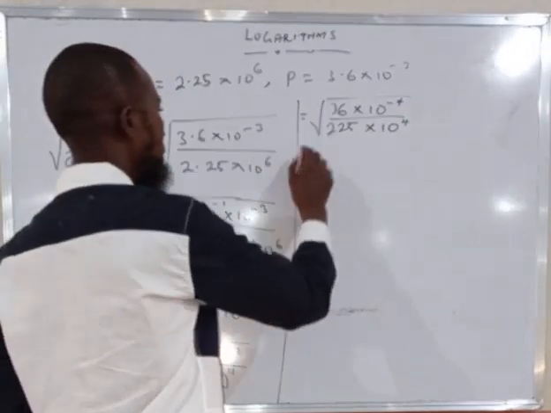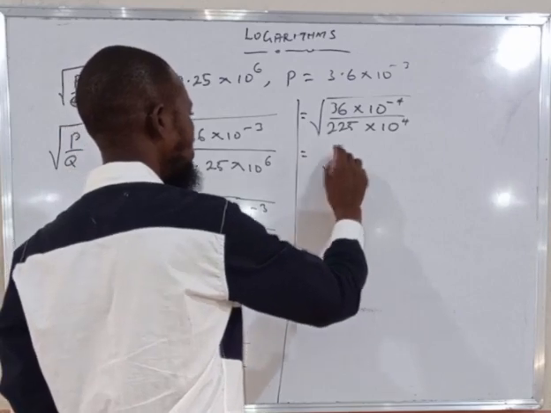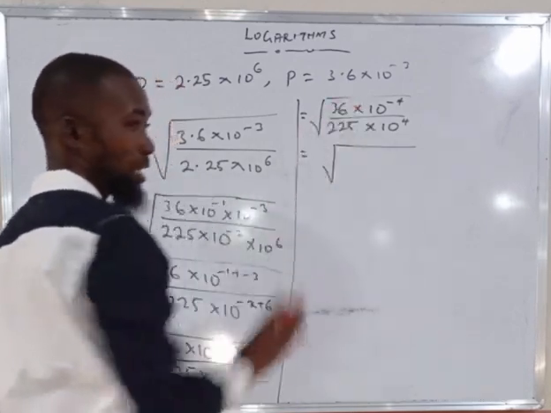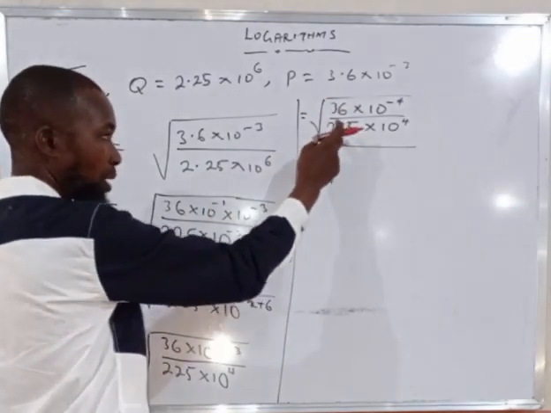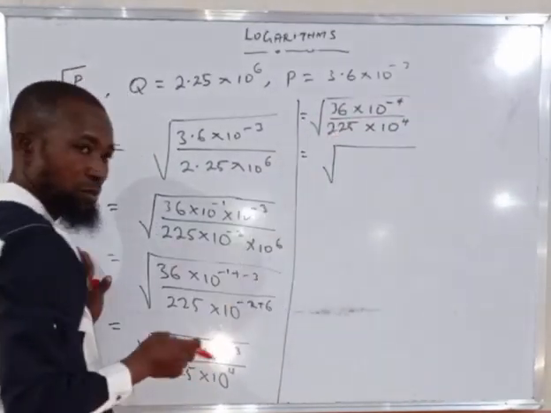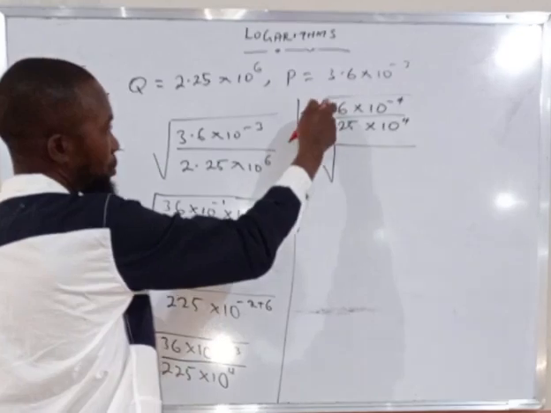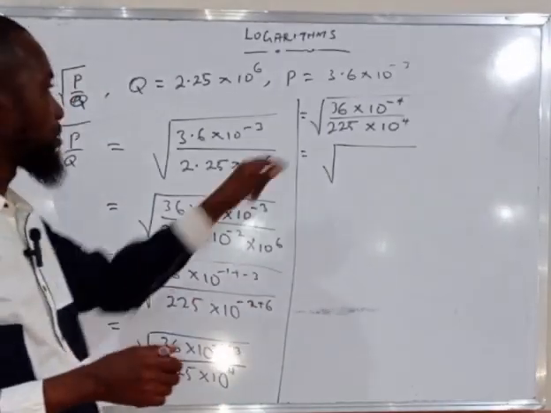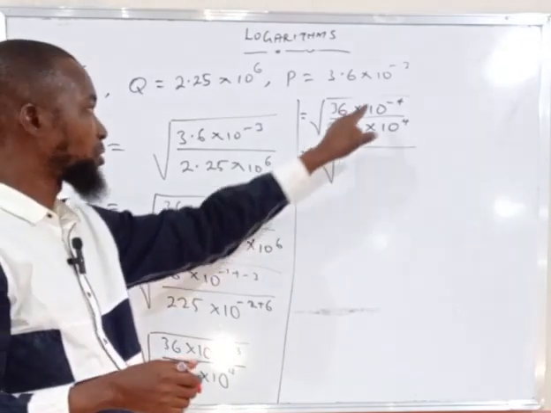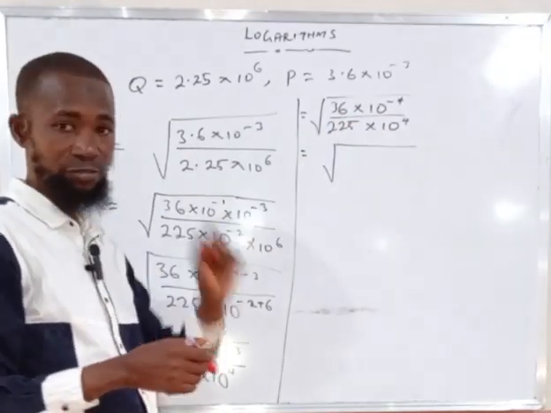Right? So we say this is equal to square root of, now we can apply laws of indices, Abi. So whole number goes with whole number, index number goes with index number. And look at it, between this whole number and this whole number, what operator do we have? We have division. Between this and this, we also have a division sign, Abi.